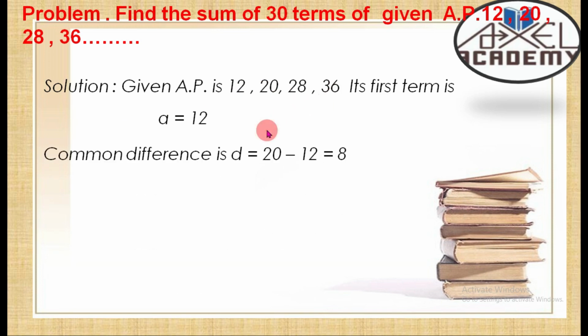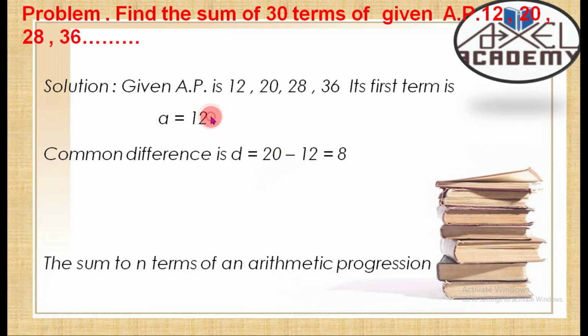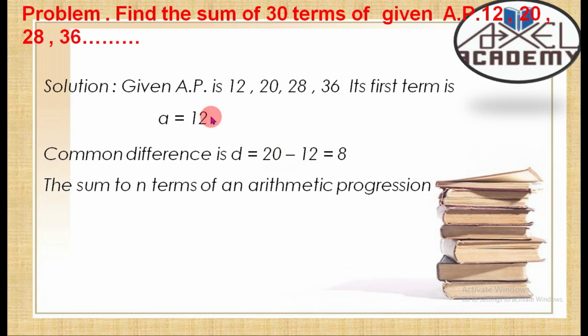What is the common difference here? The difference between two successive terms, 20 minus 12, is 8. And the first term a is 12. So the sum to n terms of an arithmetic progression we can write using the formula we have seen: n by 2 into 2a plus n minus 1 into common difference.